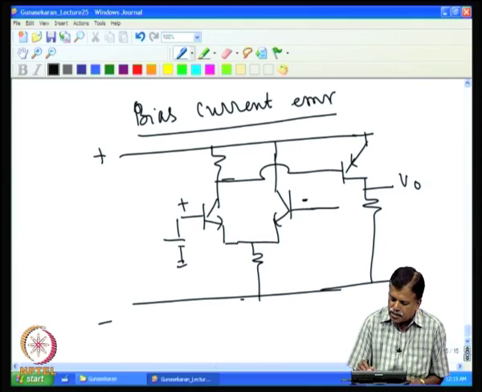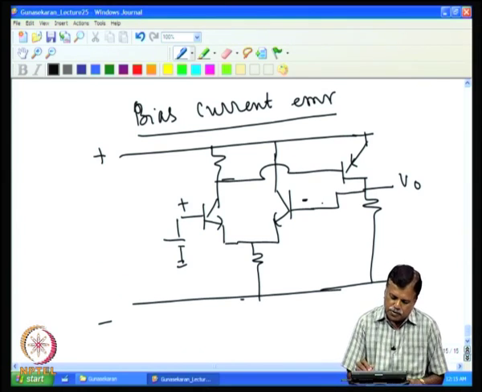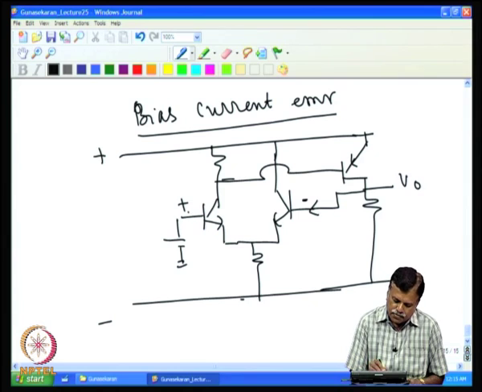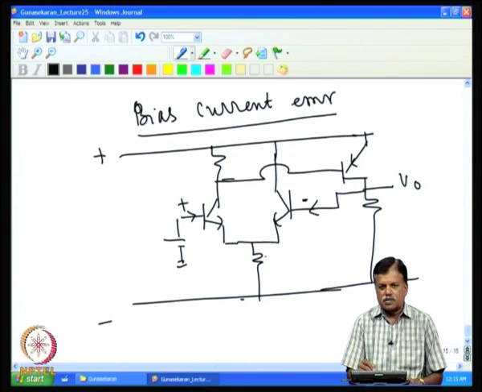For example, I connect this to this. Now in this, if you look at the base currents, there is a base current here and there is a base current here; this is a voltage follower.